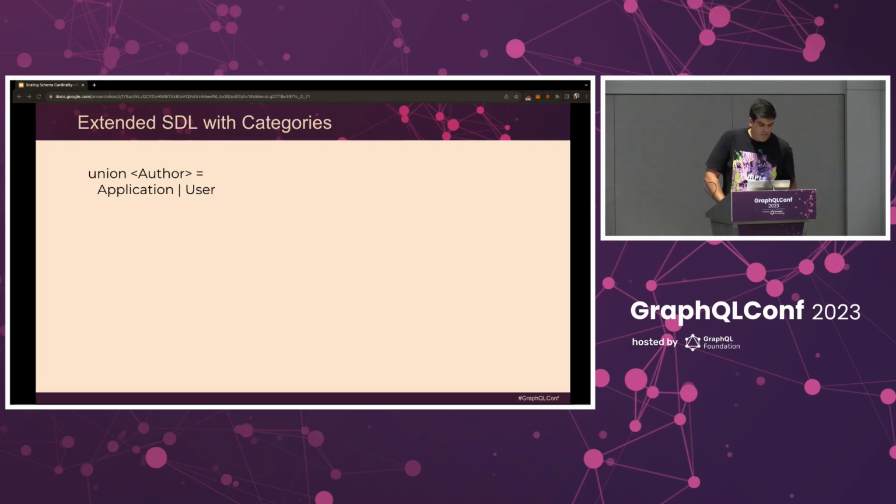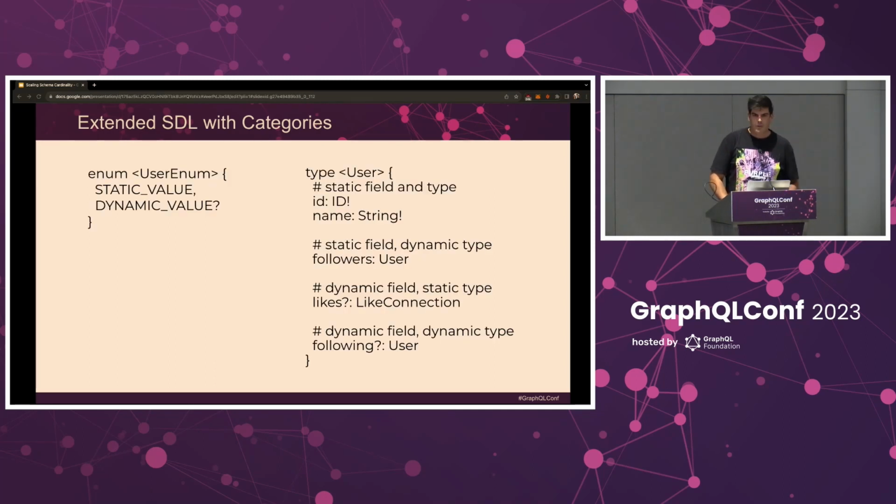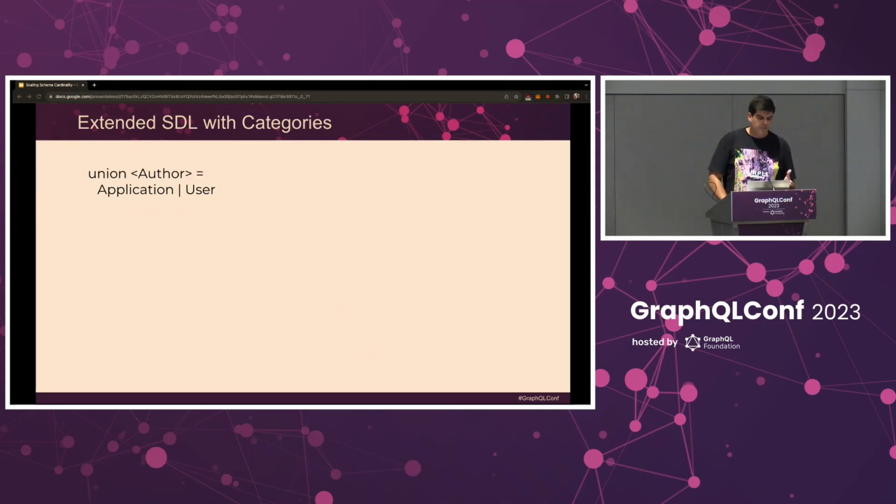Union, again, is just a union category, and I can see that there are 2 possible things. Application, whose type definition I haven't included, but just assume it's some static object type. And then user, which we saw previously, is a category. Because we don't have a set size yet, we could say 0 to n things would appear within this union.